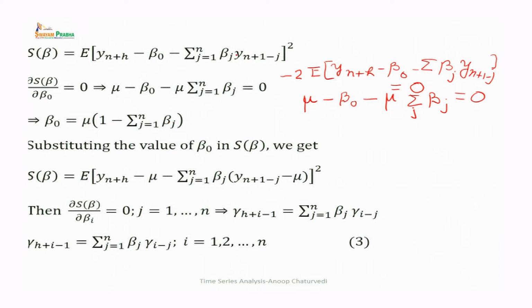So, you get this term, summation j equal to 1 to n beta j into y n plus 1 minus j minus mu, whole square. You get this value of S b after substituting the value of beta naught in the expression for S b. Then we differentiate this expression for S b with respect to beta i, say.